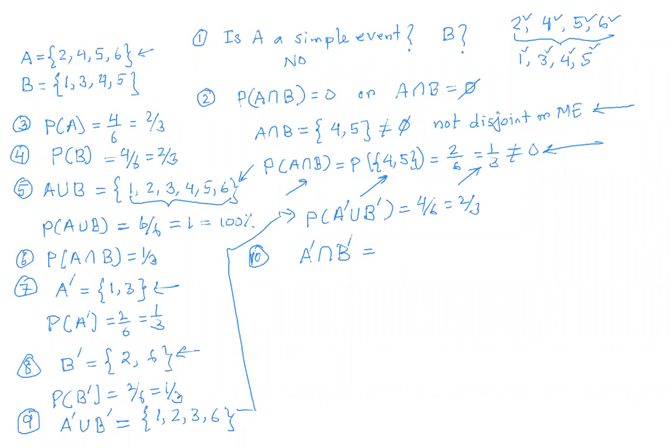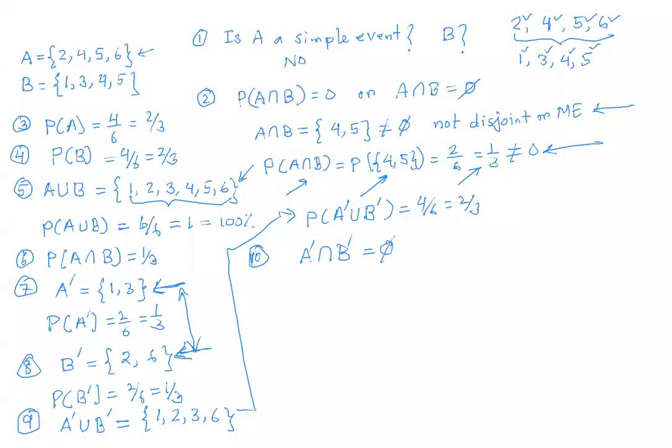First off, find out A complement is this, and B complement is this. So between these two sets, what is common? Is there anything common between them? No, so that's the empty set.